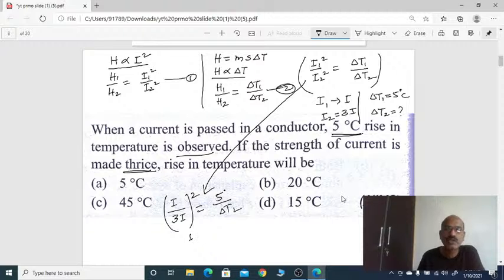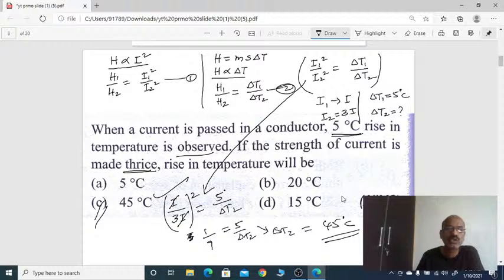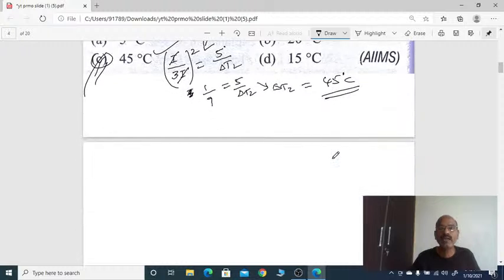That's it. So here I cancel. So you will get 1 by 9 equal to 5 by delta T2. That's it. So delta T2 equal 5 nines 45 degrees Celsius. So option C is the correct answer. Yes, good Abhinav. Good. Let us move to the next one.